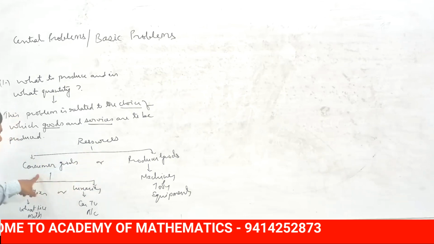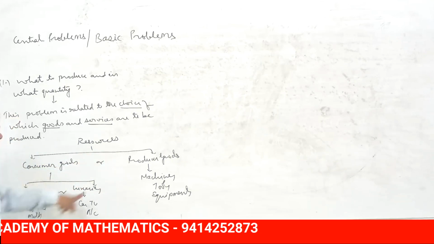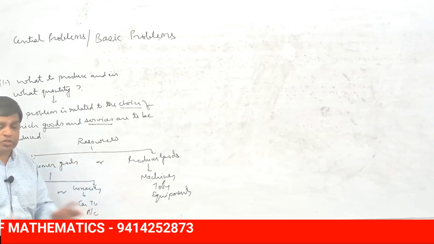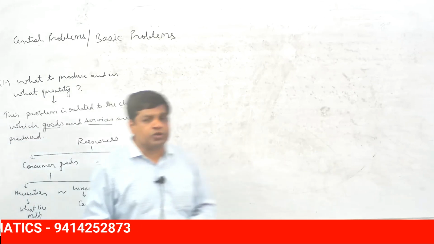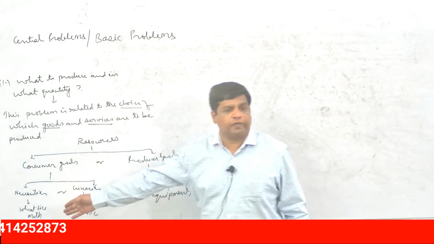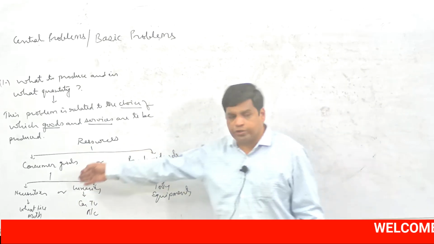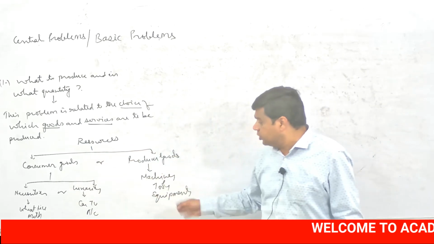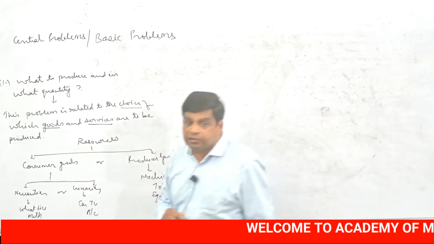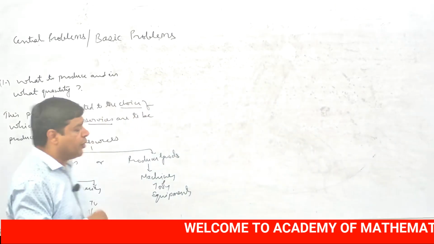But it's not that 100% of the resources are diverted for the production of consumer goods or producer goods. We can also divide a part of the resources to consumer goods and a part to producer goods. Besides that, there is one more thing we have to go for.